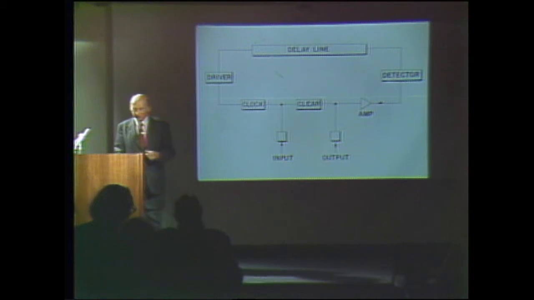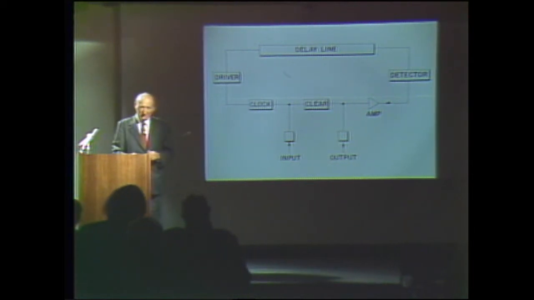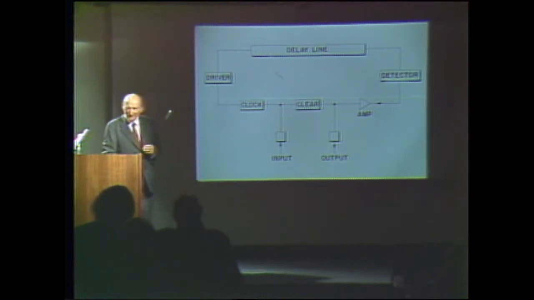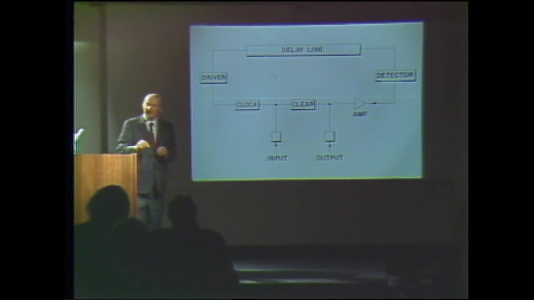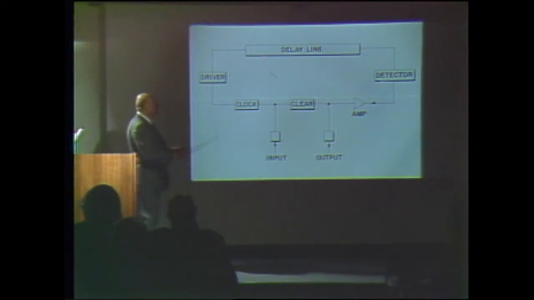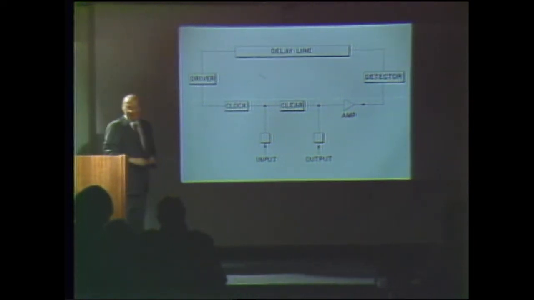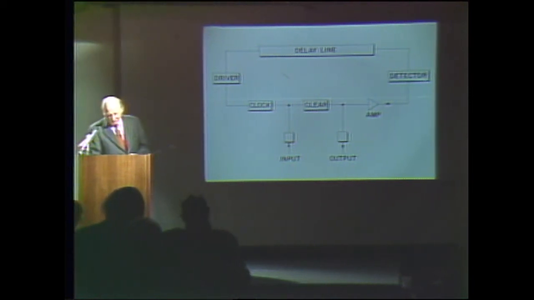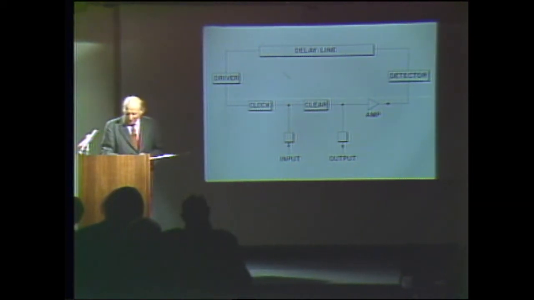Actually, at the time, I was very unhappy about the choice of the word, because there's nothing random about the random access memory. You select exactly the address you want. But the word random came from the fact that prior there was a serial line. I also didn't like the word memory because it implies that it has some intelligence.